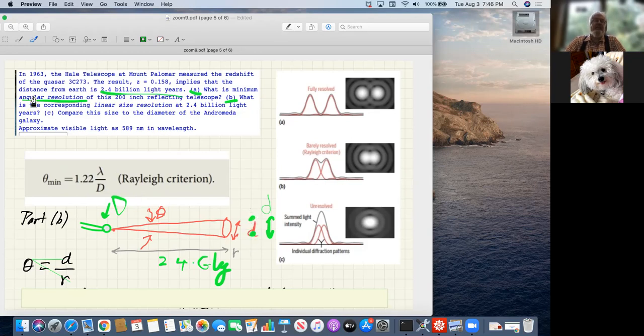But in this experiment, there's only one source of light. It's the quasar, this quasar whose name is 3C273. I could talk about two sources of light, or I could talk about light from one side of the quasar and light from the other side of the quasar.